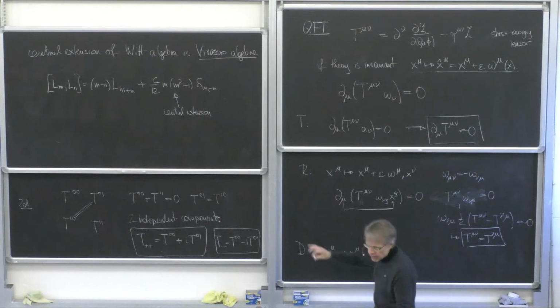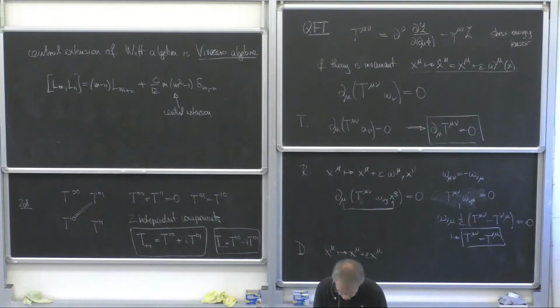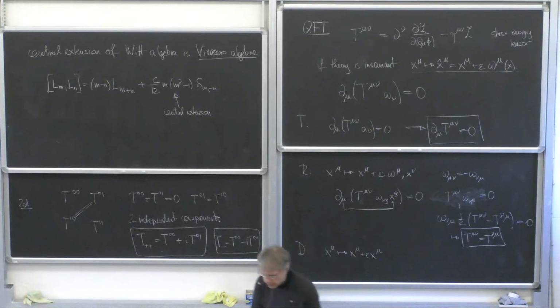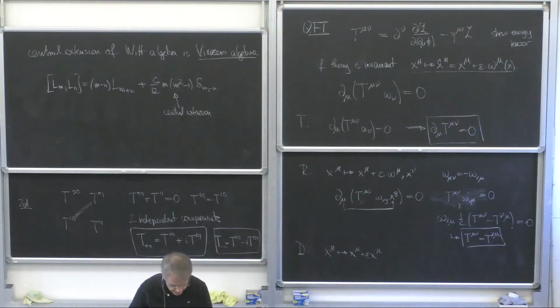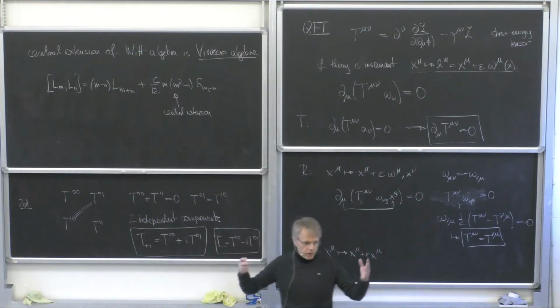Okay, so this is the abstract stuff I wanted to explain about the conformal group in 2 dimensions. And what I would like to do next is to look at a simple example, and the simplest example is the free massless boson in 2 dimensions. This is now an honest quantum field theory.